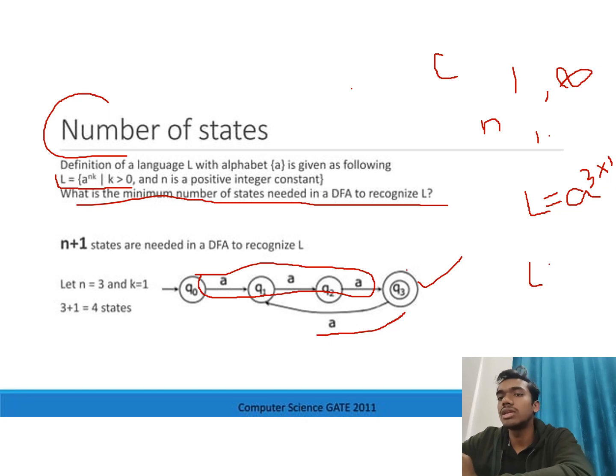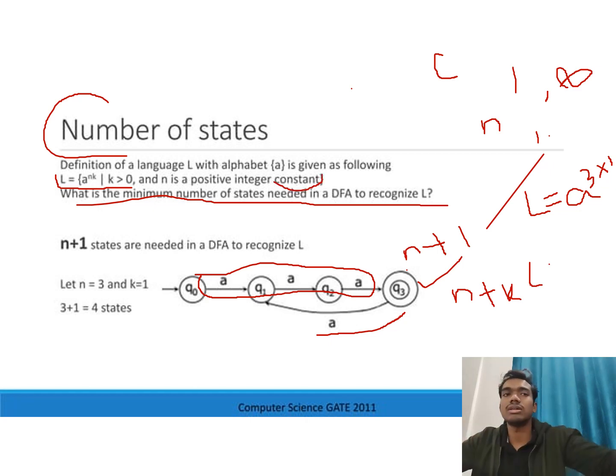If we count the total number of states, which is 1 2 3 4, that is n plus 1. In this way we get the solution, n plus 1, or it can also be given as n plus k, as we took the value of k as 1, but it doesn't say that k is a positive integer constant. In this way we get our answer.